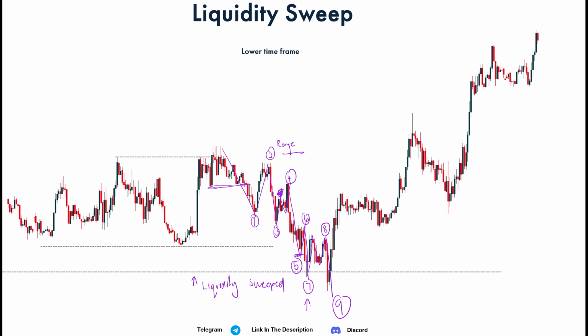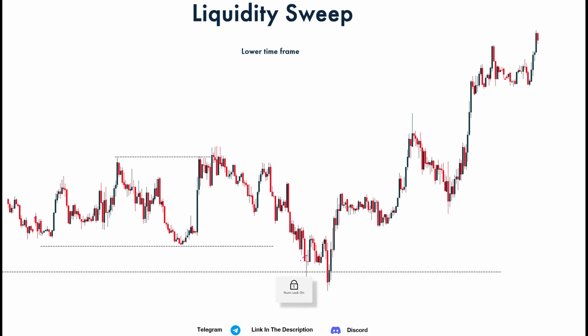Even if you tried to enter here, you will be stopped out, and then you should focus on the 9th wave. The market will always give you that move. I hope you understand it very clearly here. Even if you tried to enter the market right here, the market will move and then it will come and stop you out. Focus on this one, and then you can catch the move to the upside.